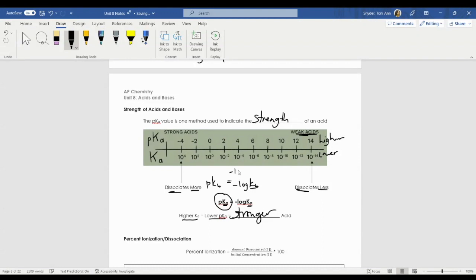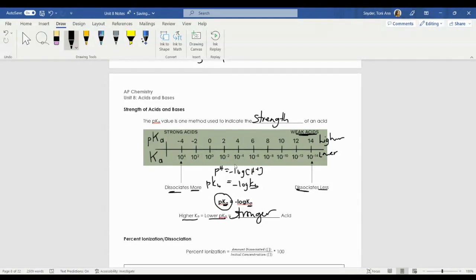Okay, the negative log of the hydrogen ion concentration is equal to the pH, right? So the negative log of whatever is equal to the p of whatever I'm measuring on the other side. Lower pKa means the stronger the acid. Again, this is something that you'll have to compare on your exam, and you have to know that. So I would highlight this, get it ingrained in your brain.